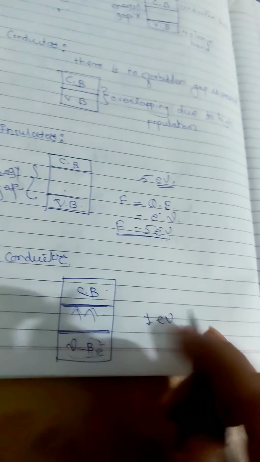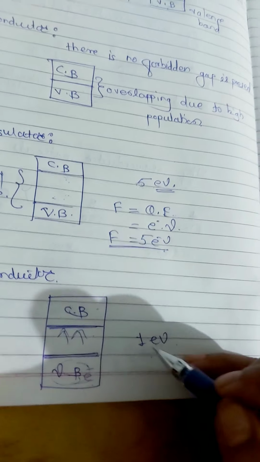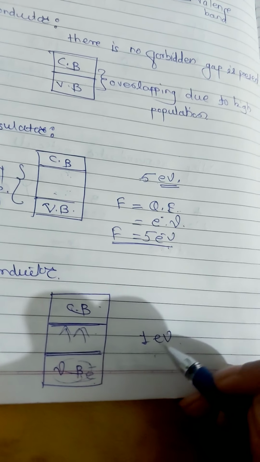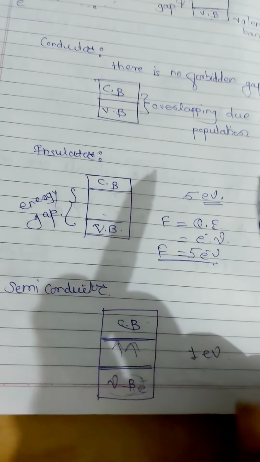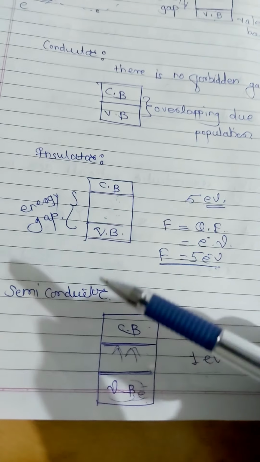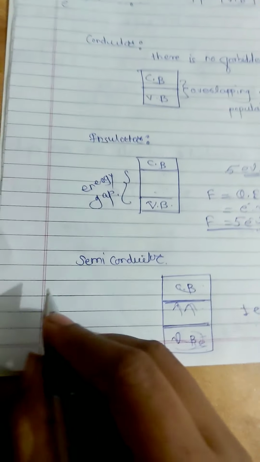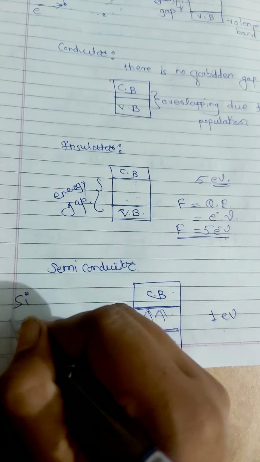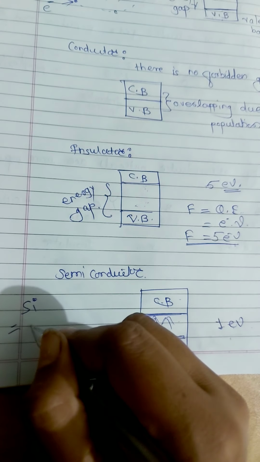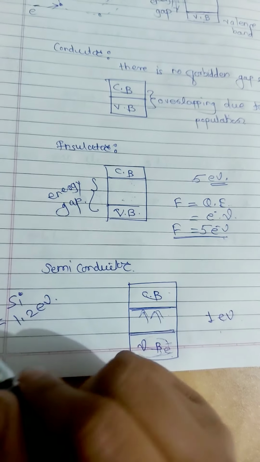Now, how much energy you have to apply depends on the material you are going to use. In conductors, insulators and semiconductors, suppose in a semiconductor you are going to use silicon material. For silicon the energy gap is 1.2 electron volt.